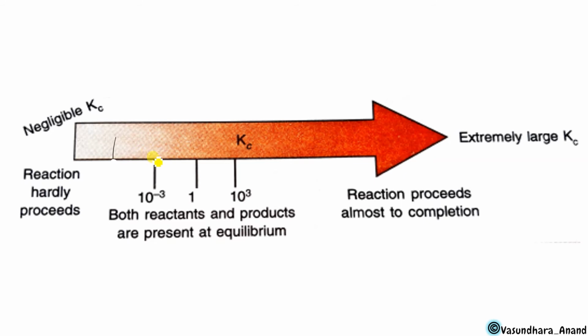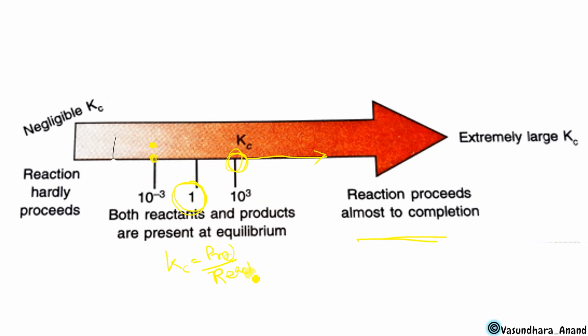If it is 10 to the power minus 3, reactant and products are both there, but the reaction has just started. Now up to 1, if it reaches 10 to the power 3 and goes above it, we can say the reaction is about to reach completion. When Kc is 1, the product concentration and reactant concentration are equal, isn't it?